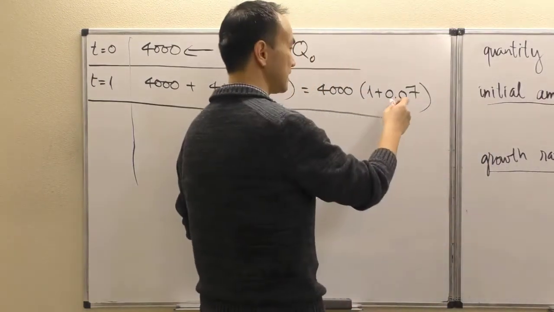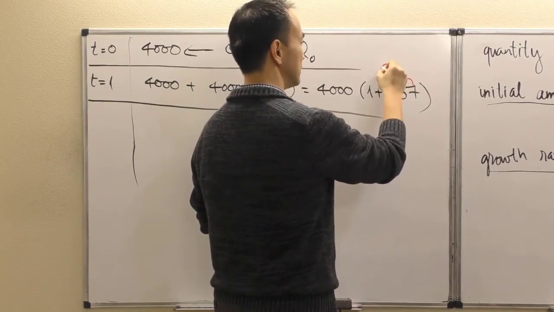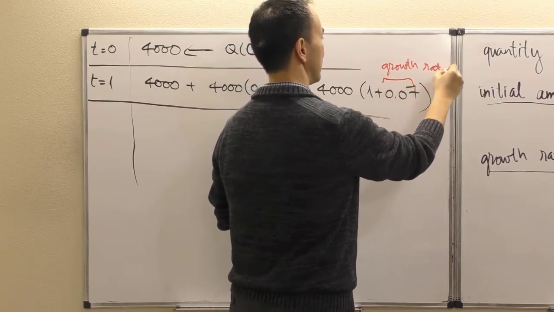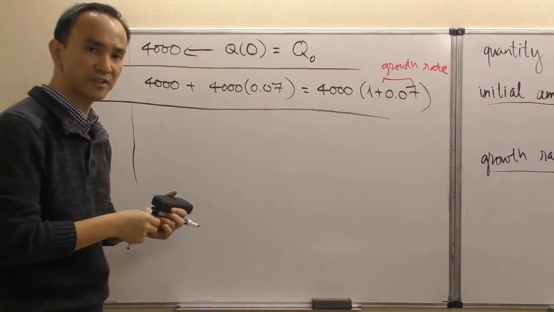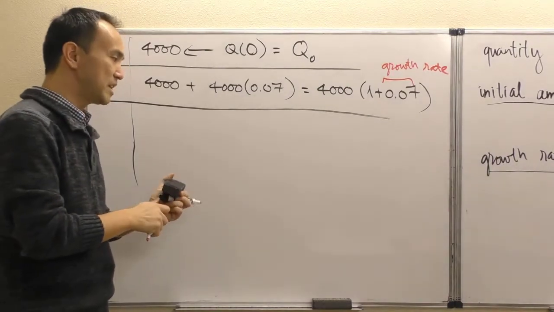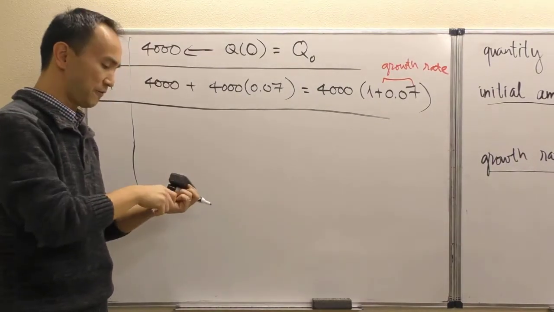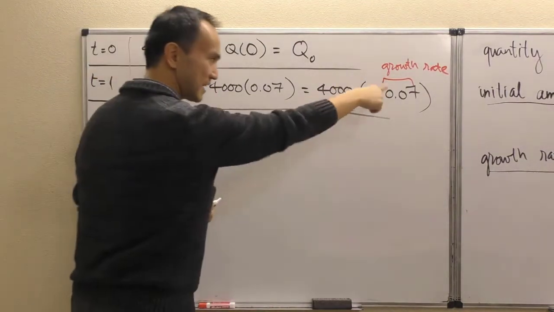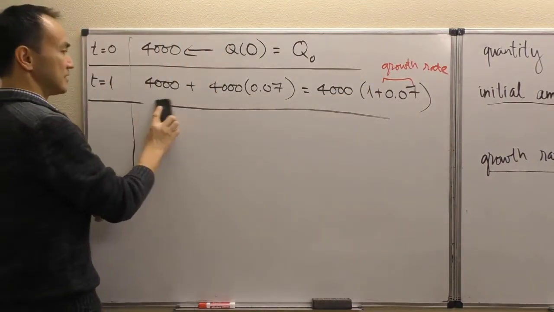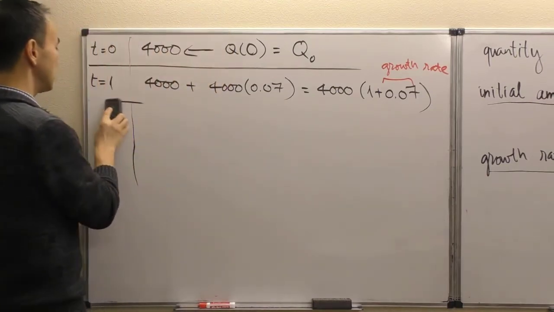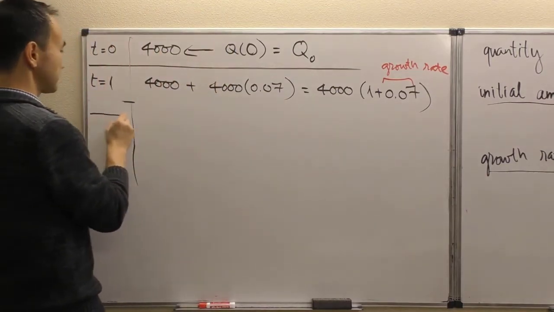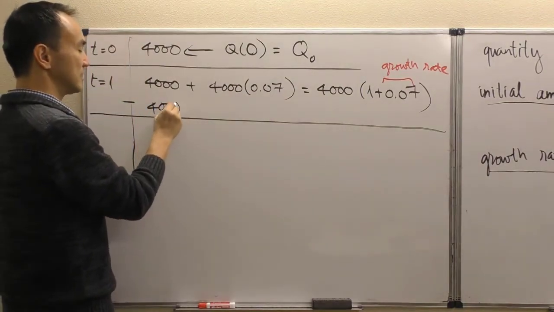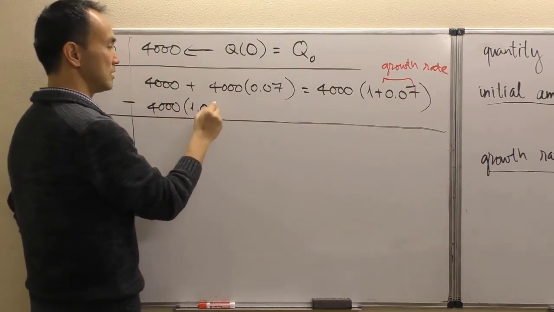To underline this, this is the growth rate right there. But then that calculation can be rewritten. I need a little bit more space here. That calculation can be written as 4,000 times 1.07.